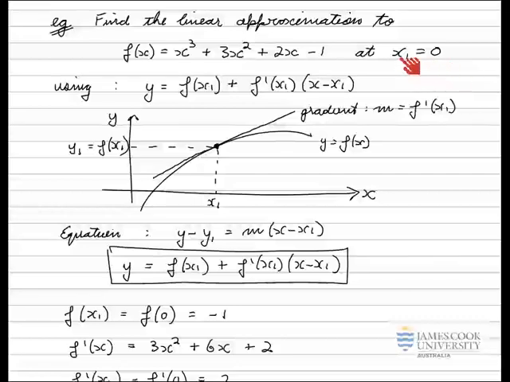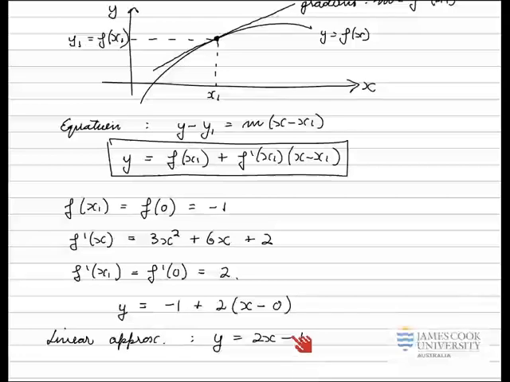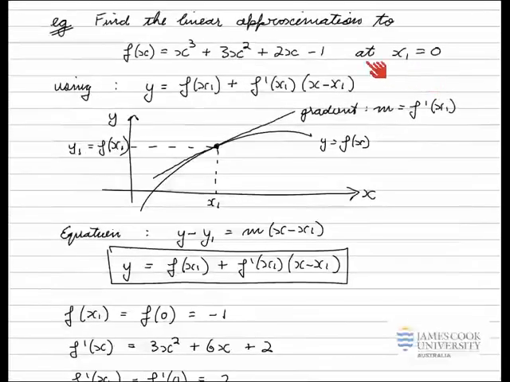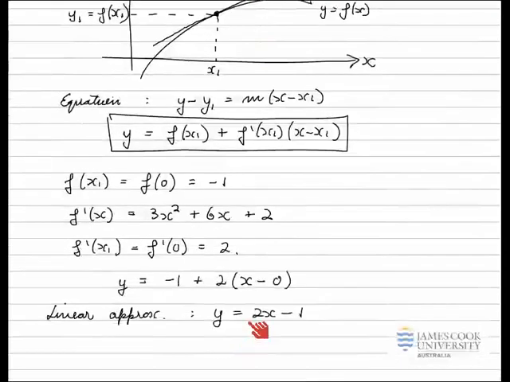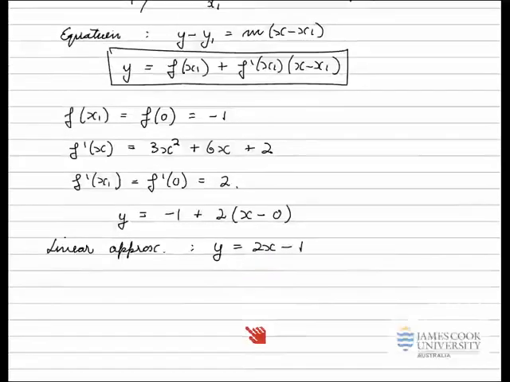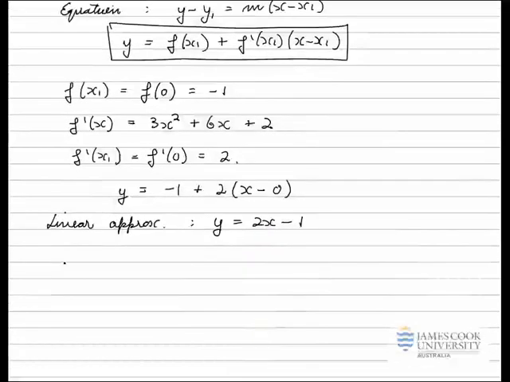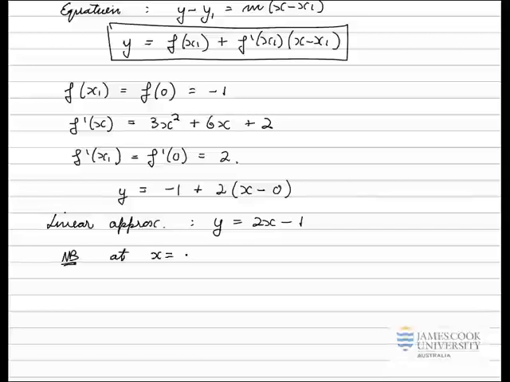So now if we were to test how good our approximation is, we might be asked to evaluate both the function and the linear approximation at a value of x. So just as a side note, if we were to substitute in a value, say x equals 0.1, we're going to test how close the linear approximation is to the original function. So substituting this into the linear approximation, I'll get y as 2 times 0.1 minus 1, which gives me a value of negative 0.8.